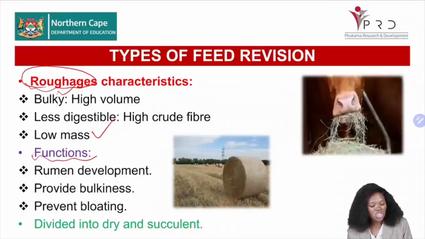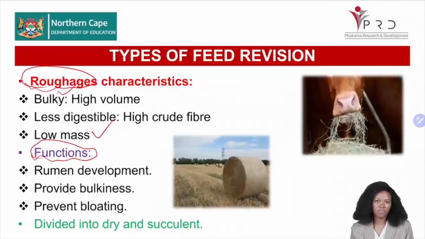Now, what are the functions of these roughages? As much as they are less digestible, we cannot ignore the fact that, number one, they contribute to the rumen development in young ruminants. Remember, young ruminants, those that are still suckling milk, the only compartment that is functioning is the abomasum.